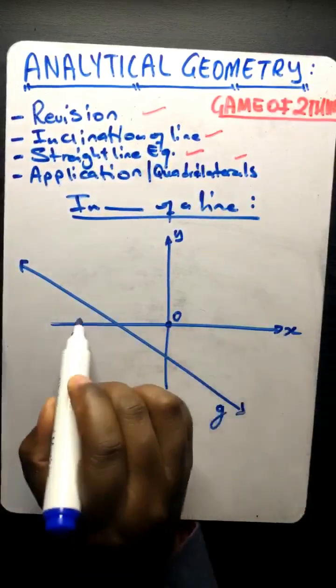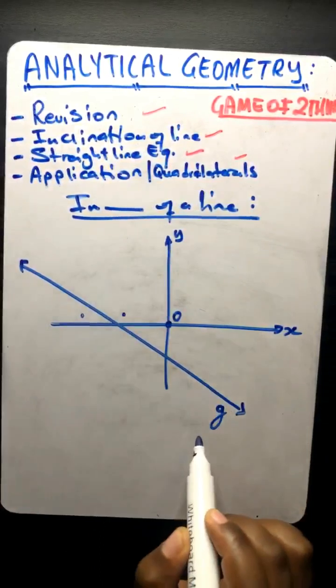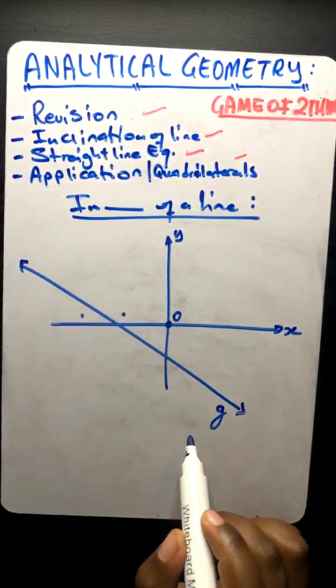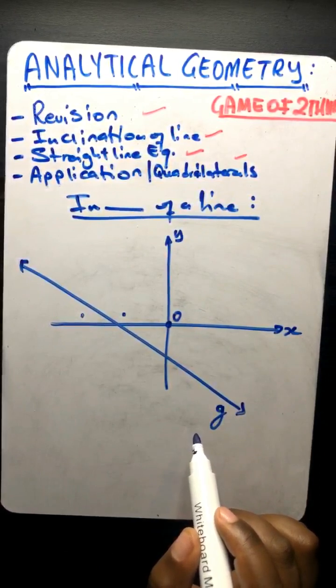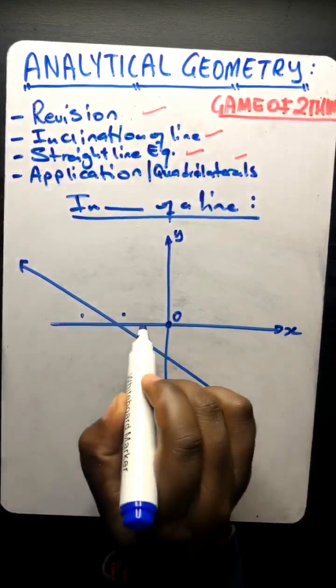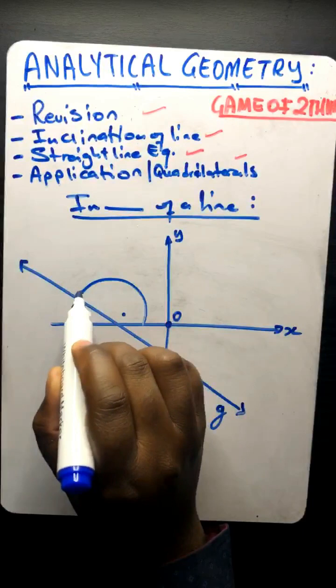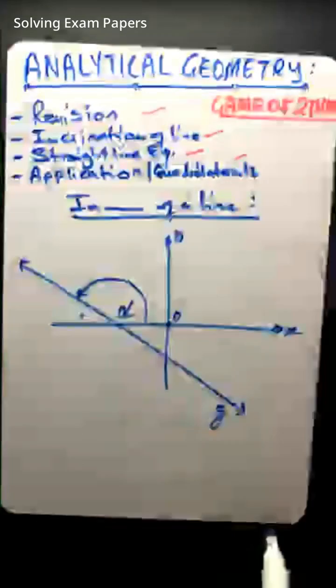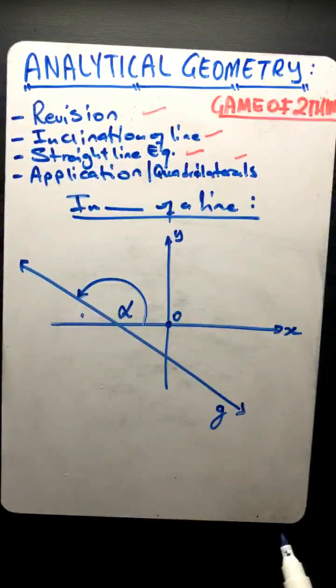So is it this angle or is it this angle? Remember, it's an angle formed with the horizontal in an anti-clockwise direction. So that means it is going to be this angle. It could be angle alpha. Most importantly, angle formed in an anti-clockwise direction.